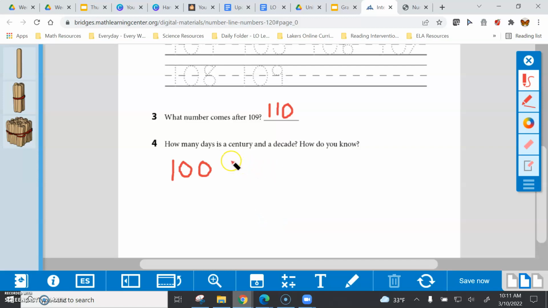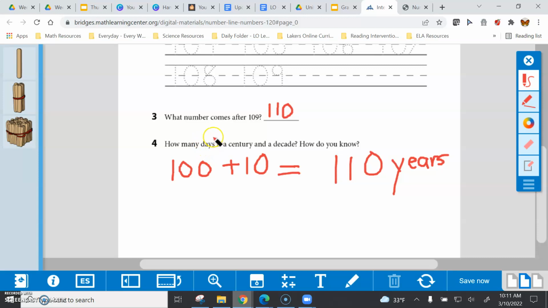And a decade is 10 years. So they're asking you, that's a lot. In years, it would be 100 plus 10, which is 110.